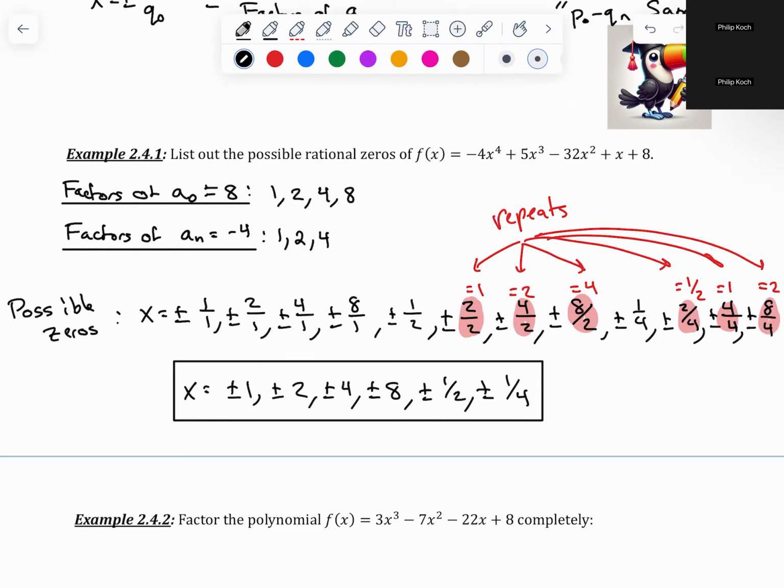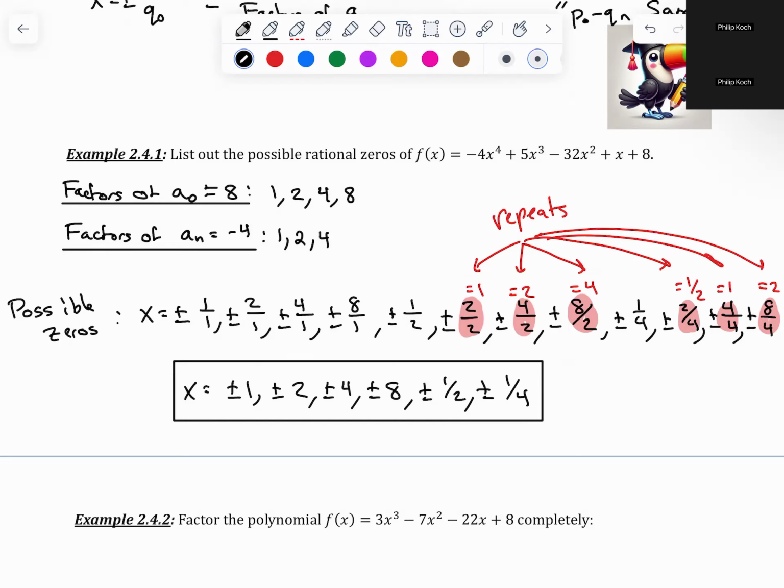But the good news is there's a button for it, so just keep pressing that button each time. I think it'll accept it even if you write all of them. It might just give you a comment saying you can simplify it. But the idea is that those are the possible zeros. These aren't the actual zeros. That polynomial can have at most 4 zeros because it's a degree 4 polynomial.